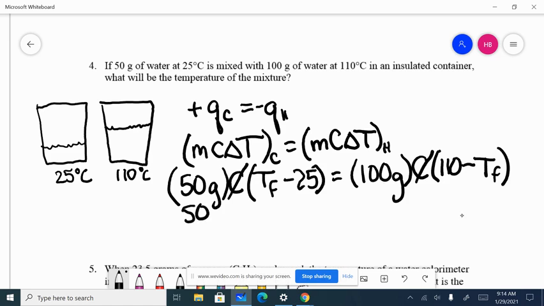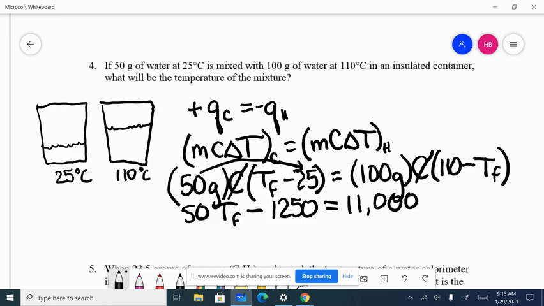So you get 50 times the final temperature minus 1250. I'm just expanding this. So 1250 is 50 times 25. And then I get 11,000 minus 100 times the final temperature.